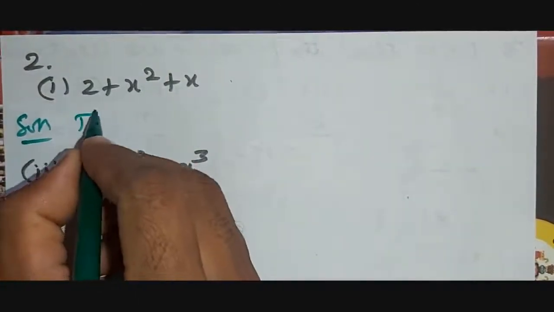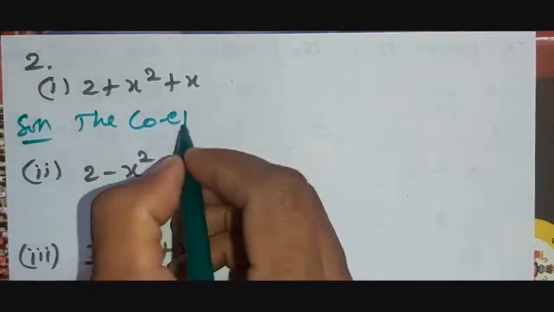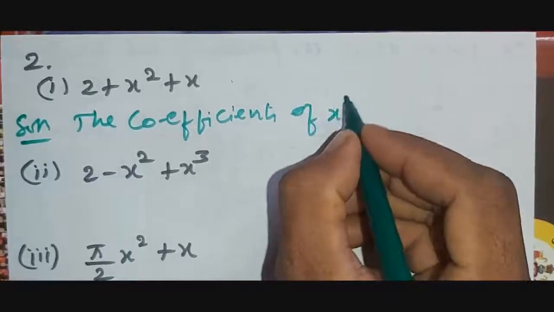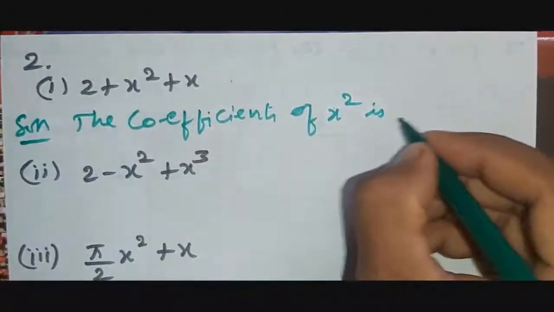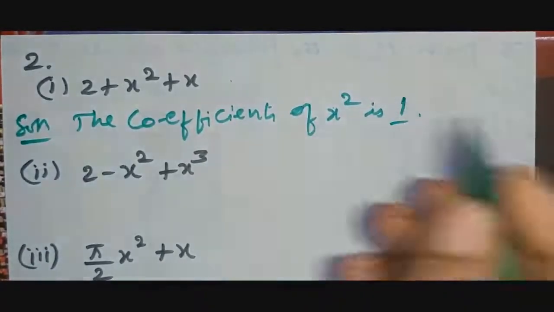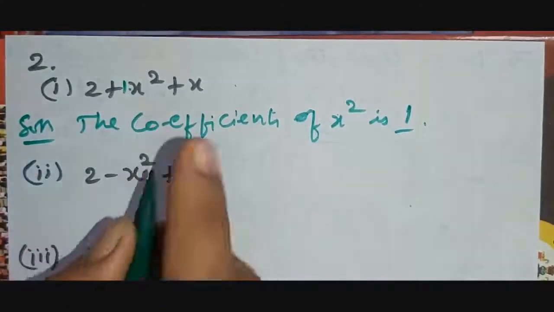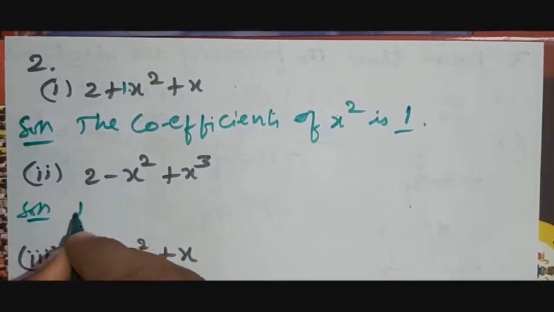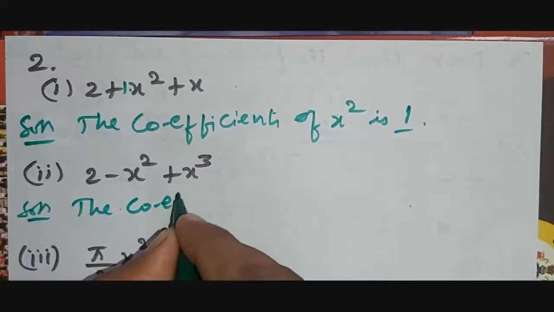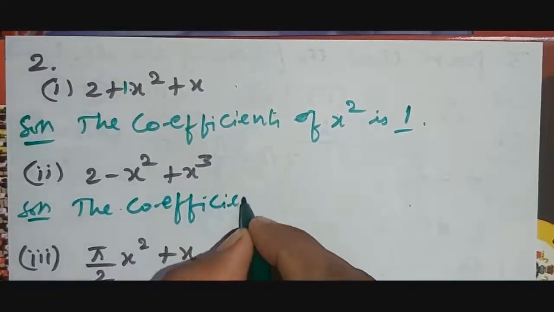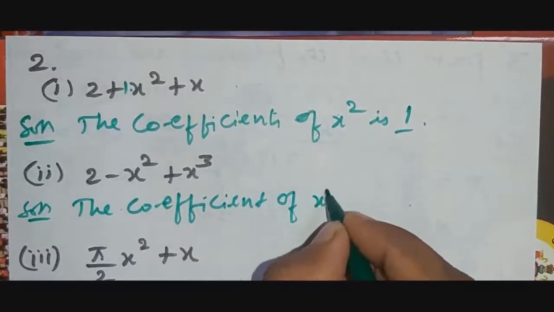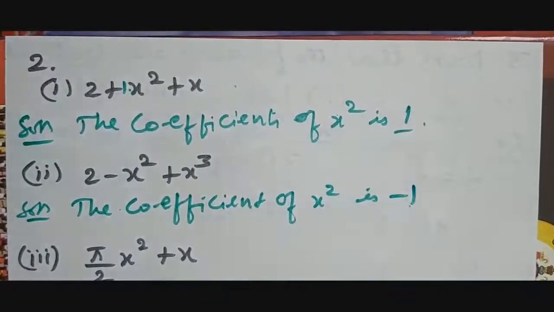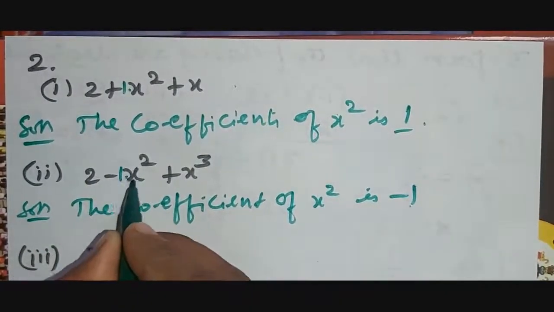The coefficient of x square is 1, that is 1 into x square. Second question, the coefficient of x square is minus 1, that is minus 1 into x square.